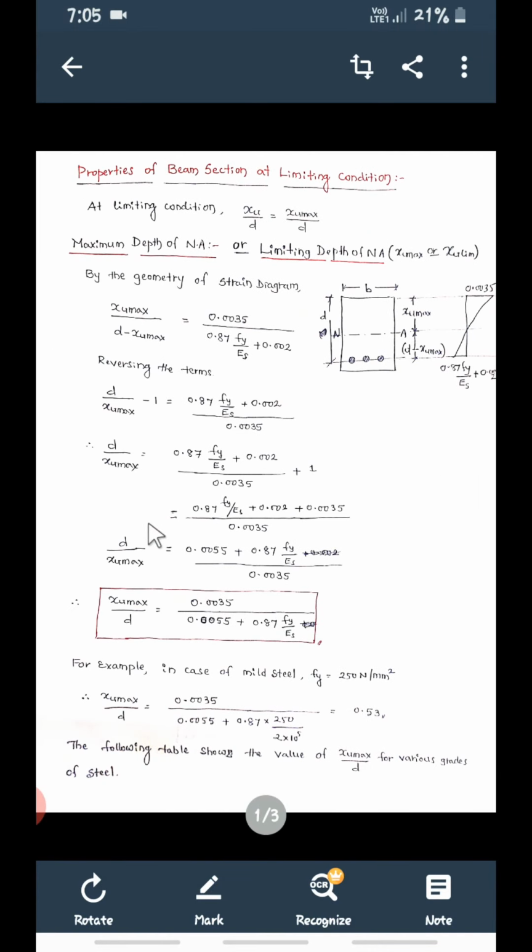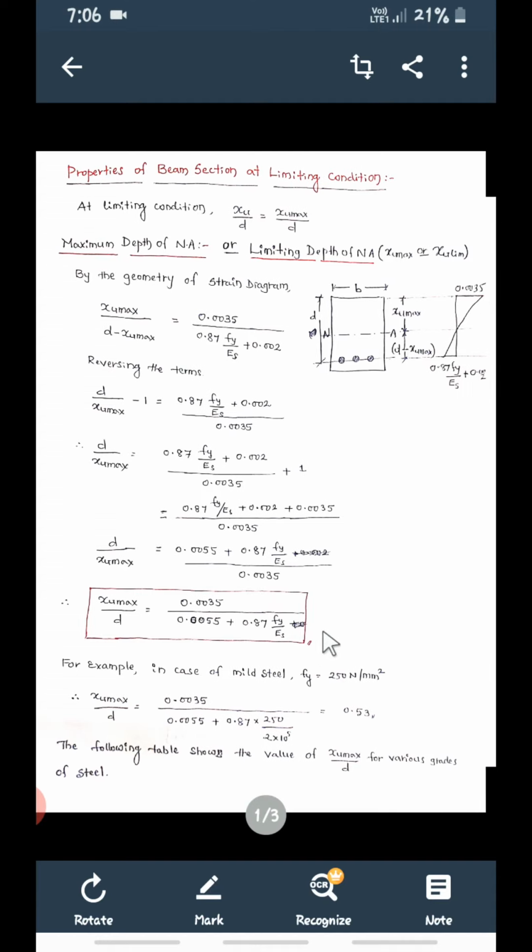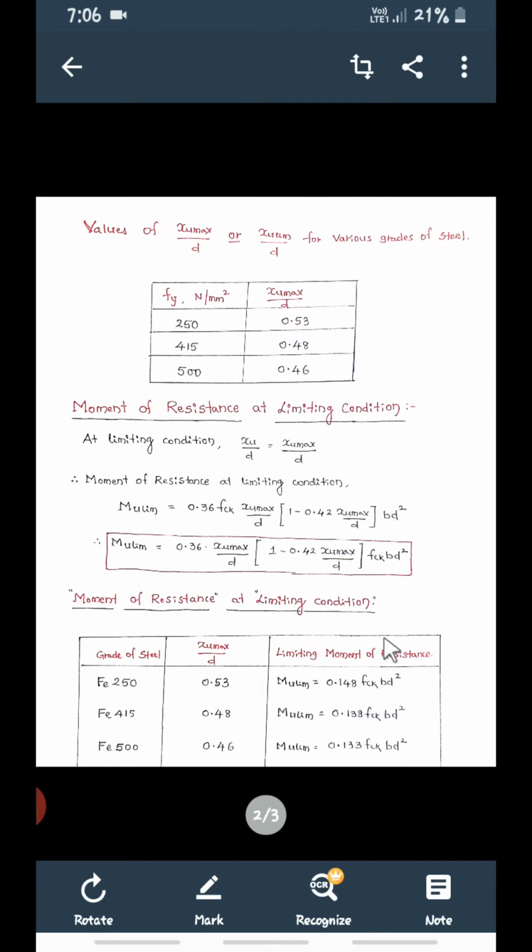So today's session is very important because whatever formulas we have seen today will be used to analyze the beam. So once again I request all of you to go through today's session. Don't miss this. Try to solve these equations and try to remember these tables.